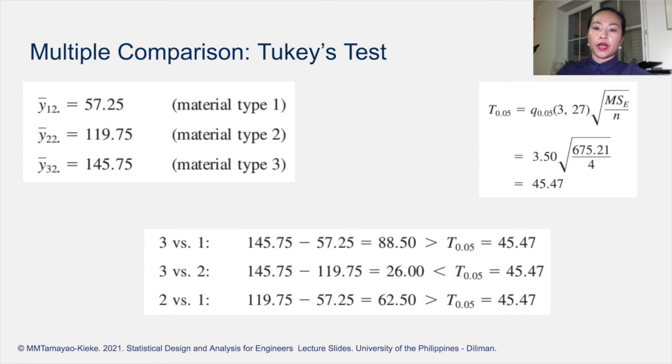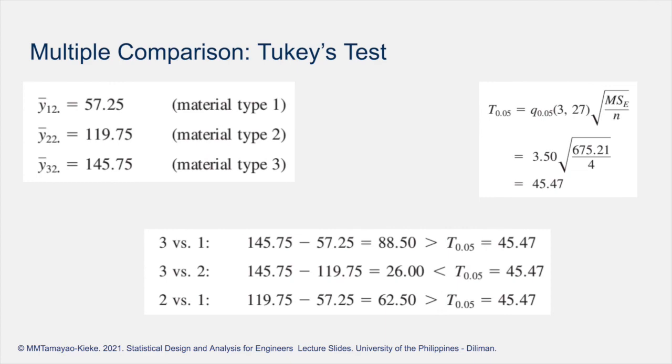Therefore, comparing effects at different levels of one factor might be obscured by the interaction effect. To circumvent this problem, we can fix the level of one factor and then compare the effects at different levels of the other factor. At this point, take a break and we will continue our discussion in the next video.